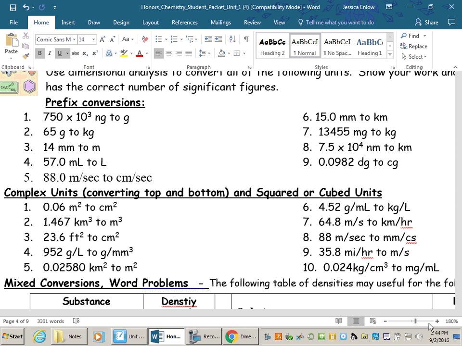Wait, what? Zeros after a significant figure.